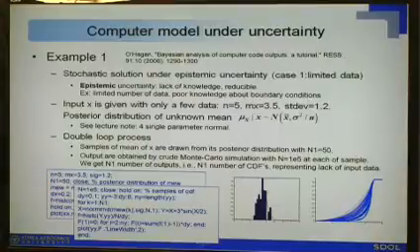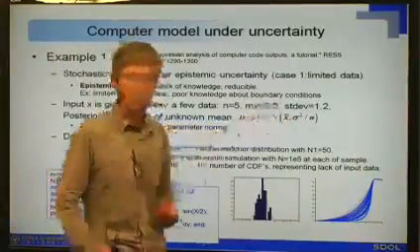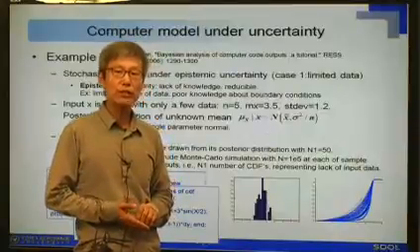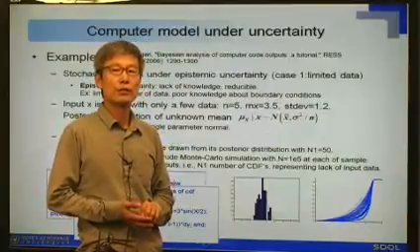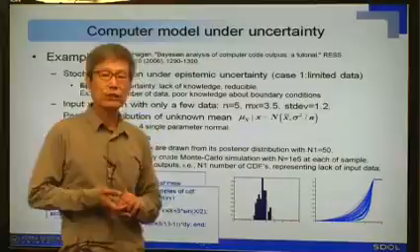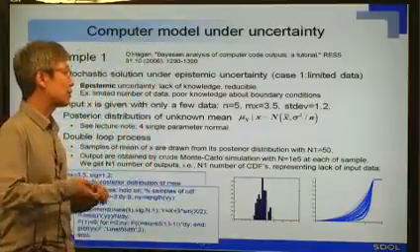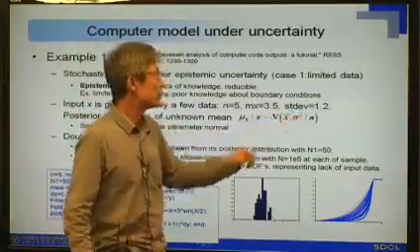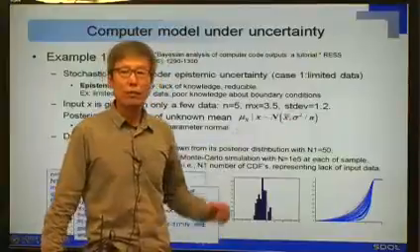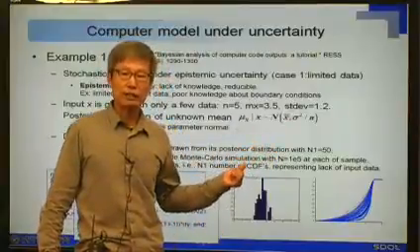Yes? So what is sigma squared? Sigma squared is the variance, the square of the standard deviation. So that's the sample standard deviation? No, just for simplicity, I just assume that we know already the population standard deviation.